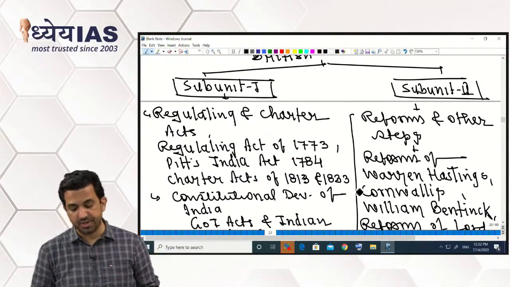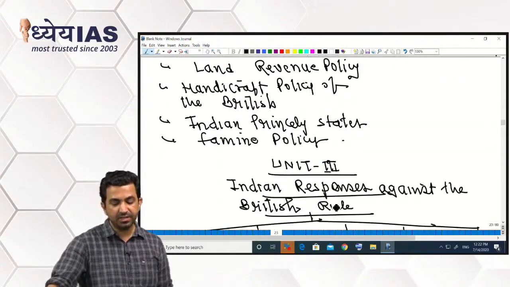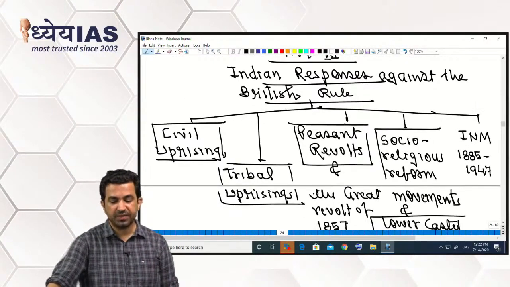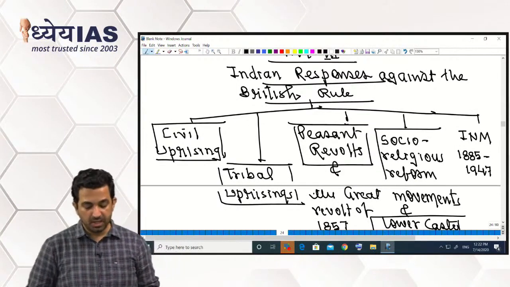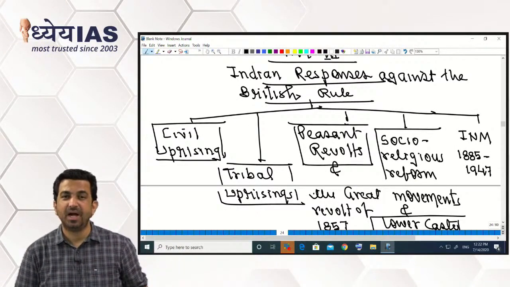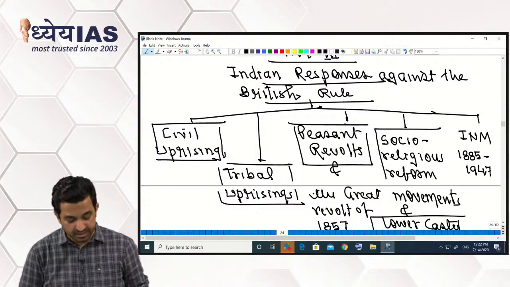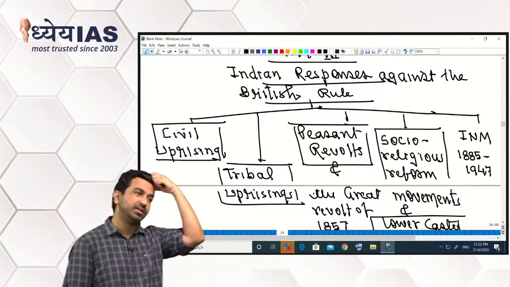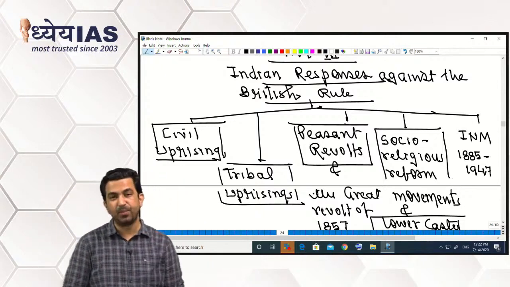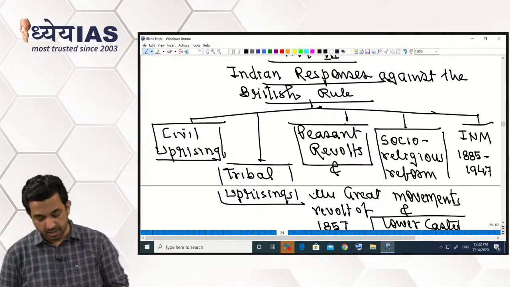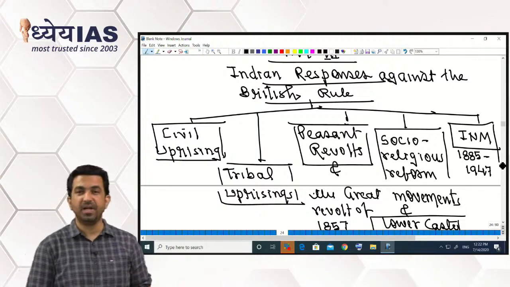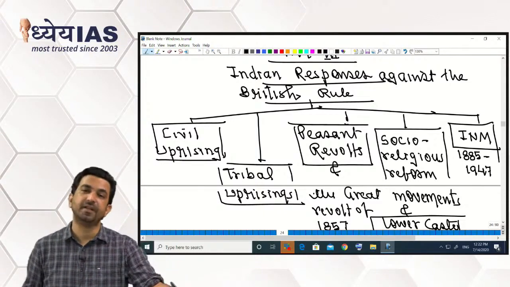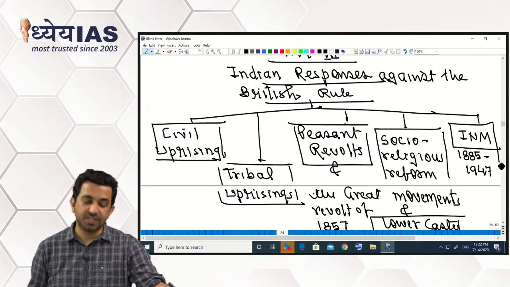Then unit 3, Indian responses against the British rule, civil, tribal and peasant uprisings and the Great Revolt of 1857, then socio-religious reform movements, lower caste movements and temple entry movements, and eventually Indian national movement from 1885 till 1947.